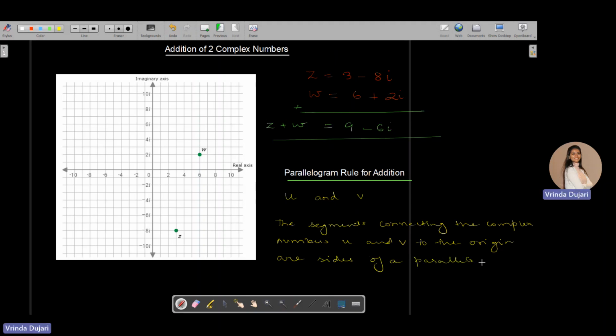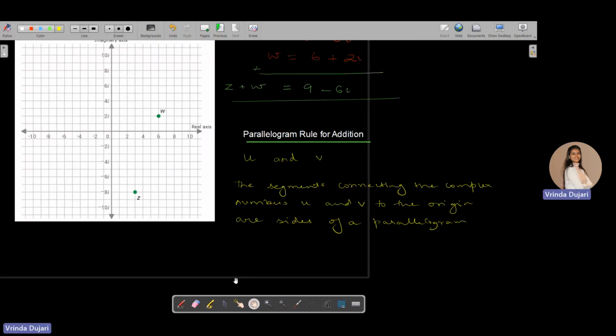Oh my God, this is such a long word. Don't worry, I'm going to explain everything. A parallelogram with vertices 0, u, v, and u plus v. Now, what does this statement mean? So this is the statement of the parallelogram rule for addition. We'll understand what this means.